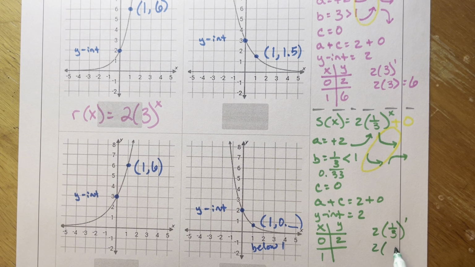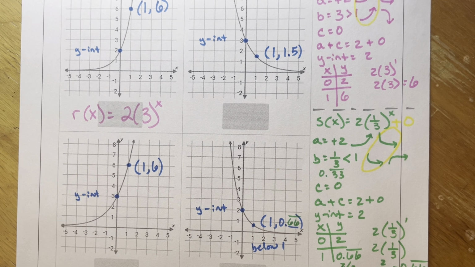Any number to the first power is itself, so 2 times 1/3 is 2/3, which is equivalent to 0.66 with the 6's repeating. And that is about what we said here. We said it was below 1, but not all the way at the bottom near 0. So that is in agreement with what we saw before we even began dissecting our equations.